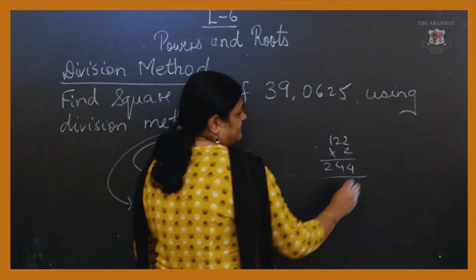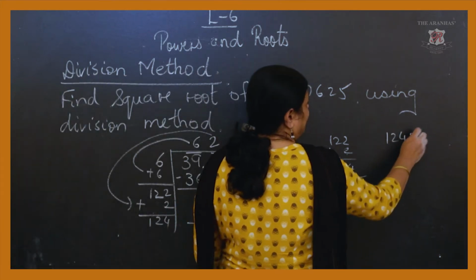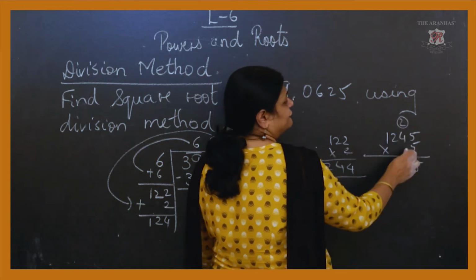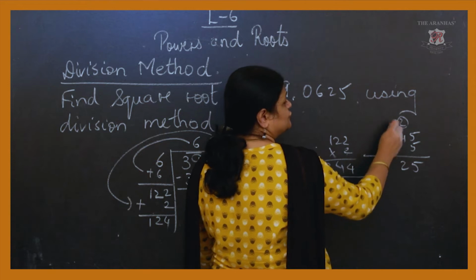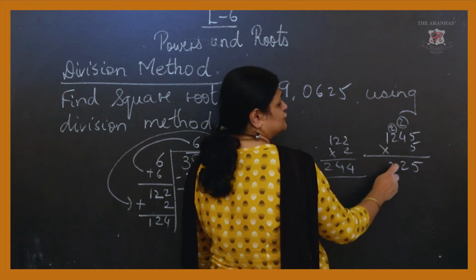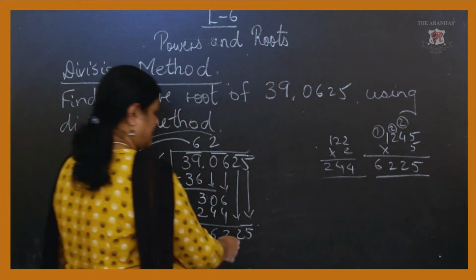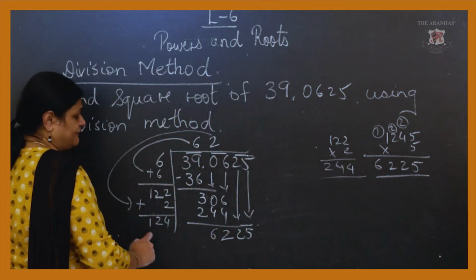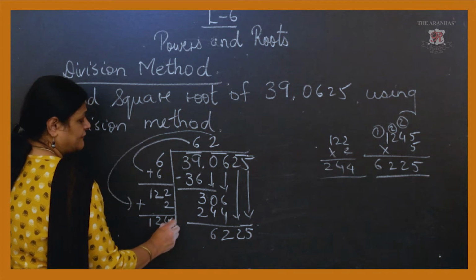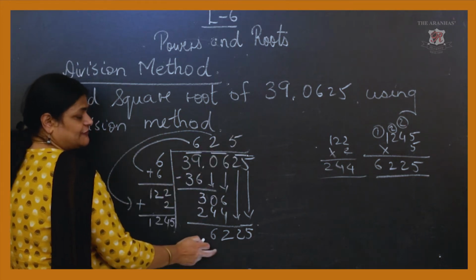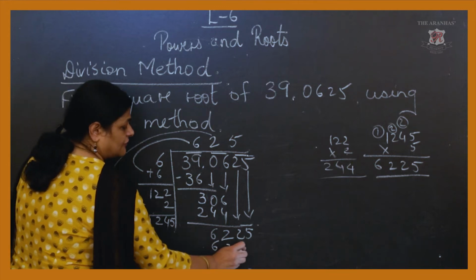So suppose 1245 into 5. 5 5s are 25. 5 4s are 20 plus 2, 22. 5 2s are 10 plus 2, 12. 5 1s are 5 plus 1, 6. See here, you have got 6225. So 1245 into 5 will give you 6225.